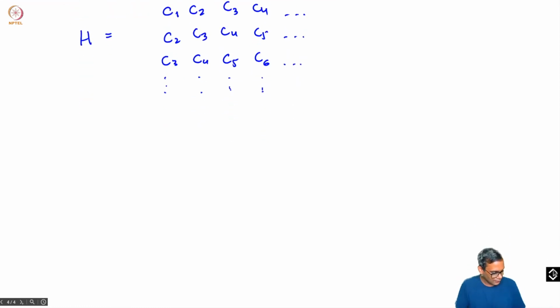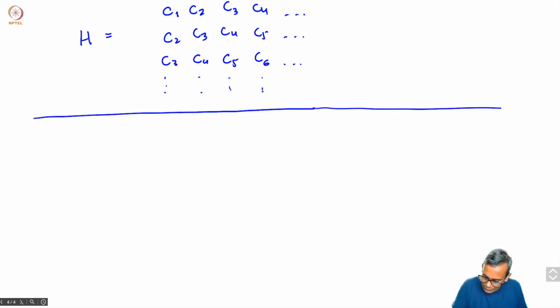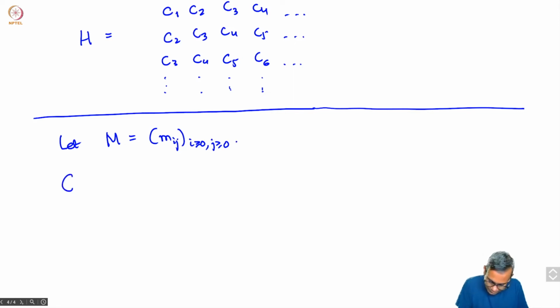So let's look at a general setting. Let M equal (M_ij). Since all these arrays we're taking have indexing starting from 0, let's take indexing starting from 0. Then given 0 ≤ alpha_1 < alpha_2 < ... < alpha_n.